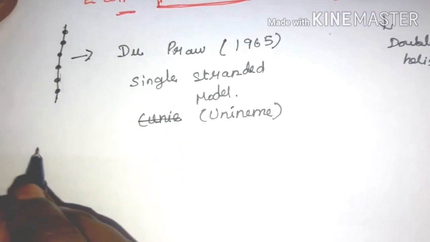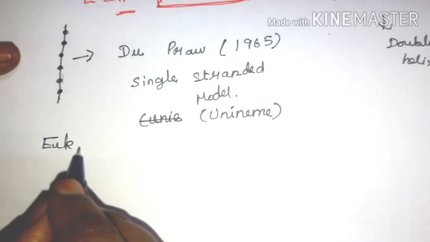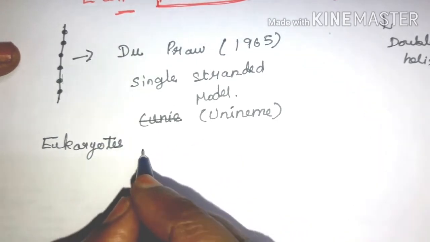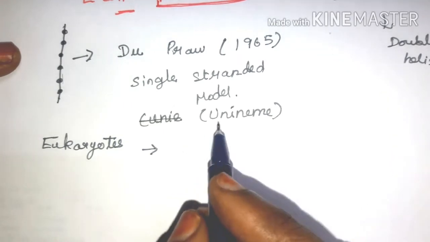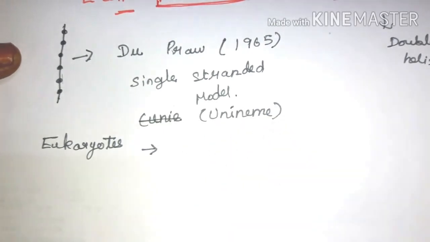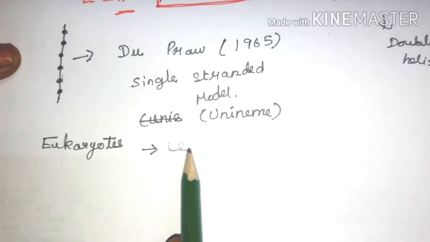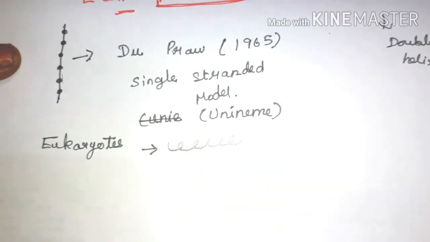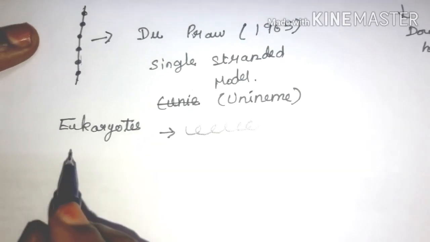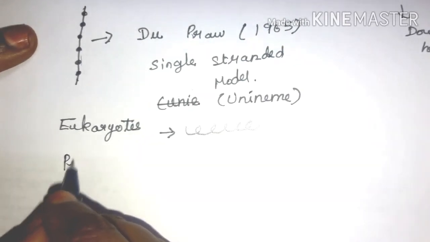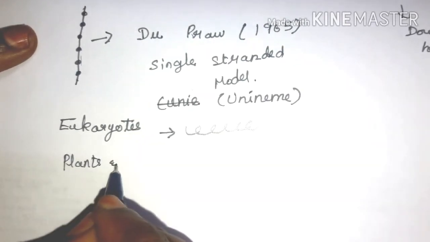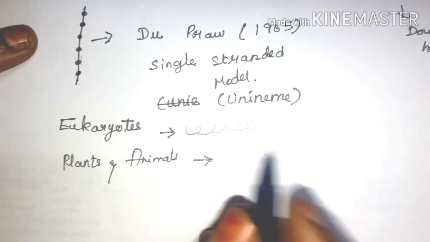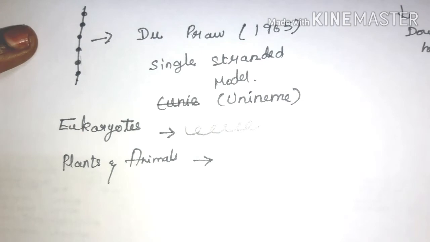In the case of eukaryotes, they may be like coils, distantly located coils. But in the case of plants and animals, it may have more foldings.